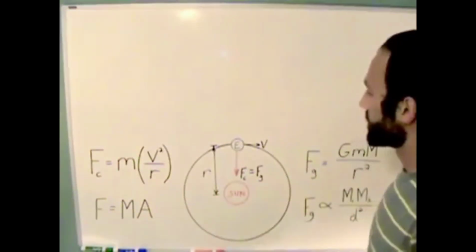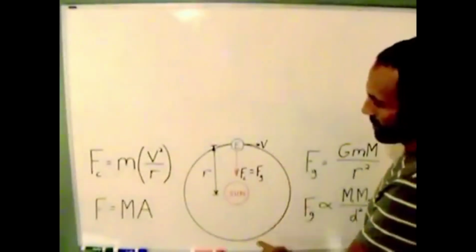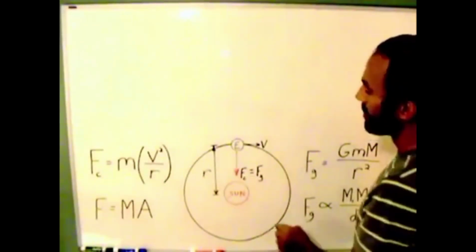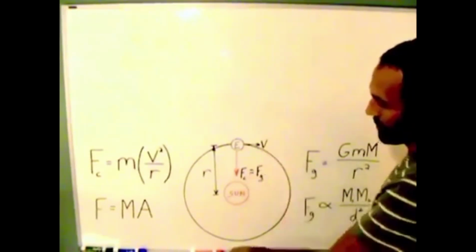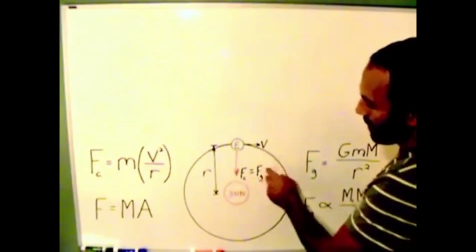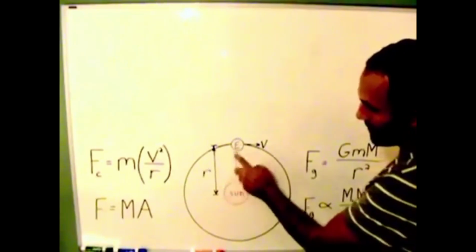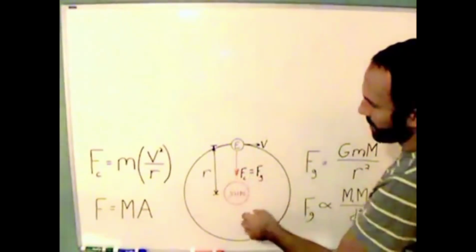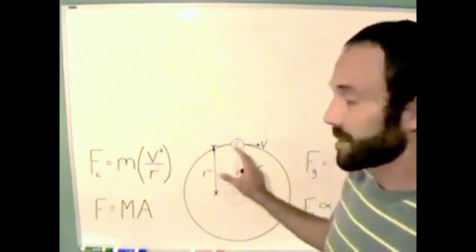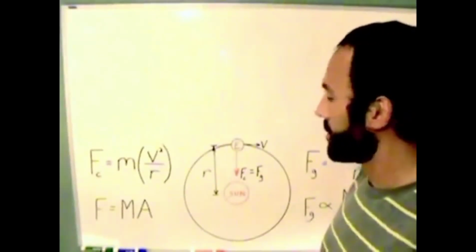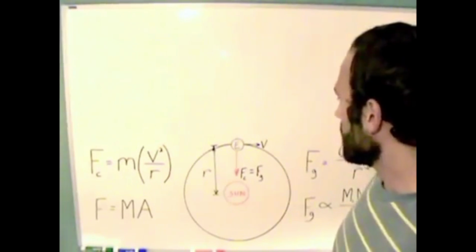Or if you look at the solar system model, which I've drawn right here with just the Earth and the Sun, it would be the instantaneous velocity of the Earth at any point around the circle, the radius would be the distance from the Sun, and the mass would be the mass of Earth. It is the mass of Earth, not the mass of the Sun. Remember that.